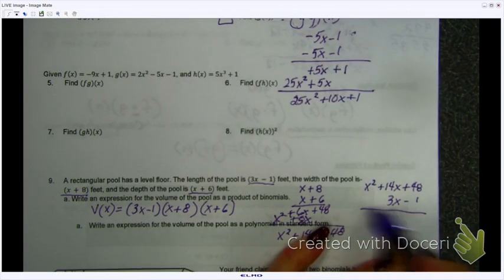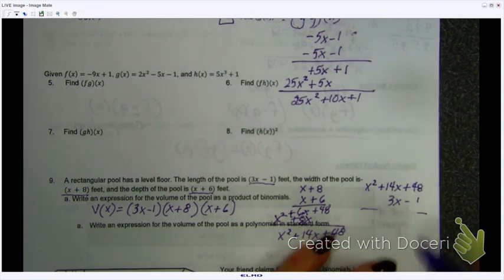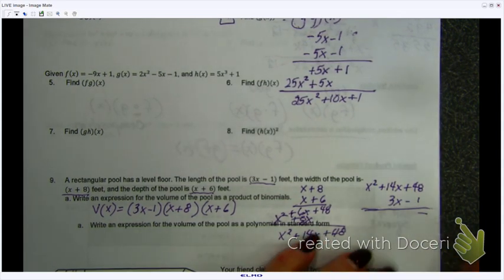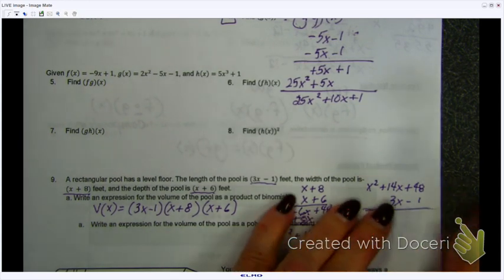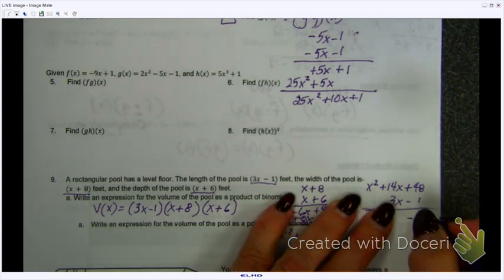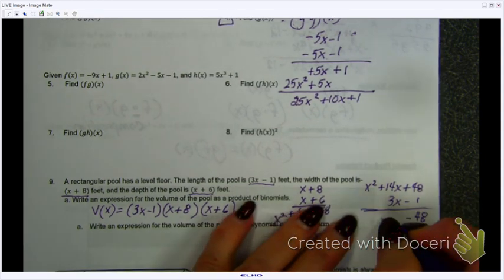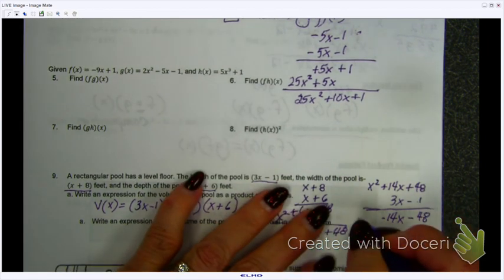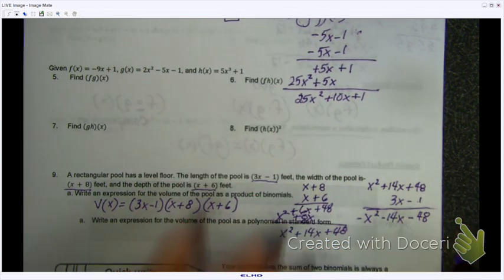Draw that better. So negative 1 times 48 is negative 48. Negative 1 times 14x is negative 14x. Negative 1 times x squared is negative x squared.